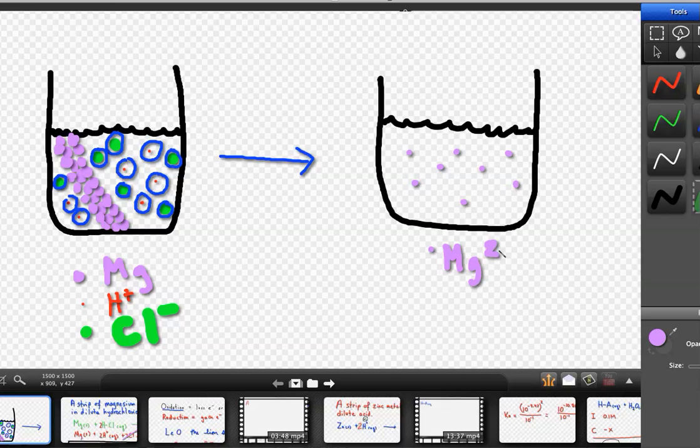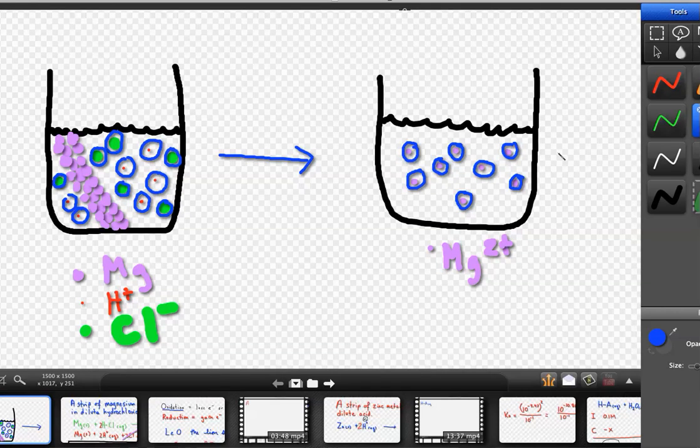Now I have Mg2 plus that will be surrounded by water. I'll also have Cl minus surrounded by water.